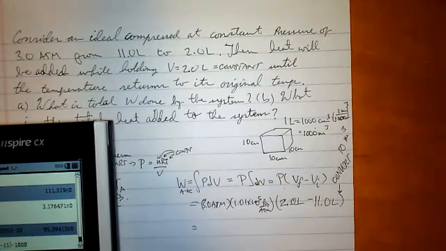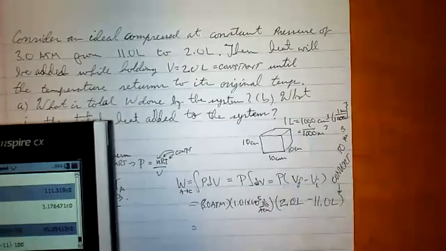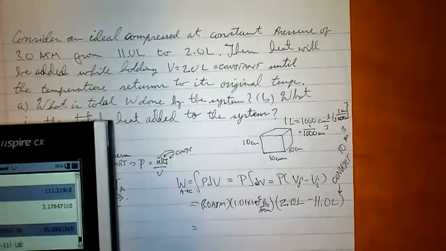Actually, excuse me, I got to divide by 1,000. I wrote it wrong, it's 1/1000. Sorry about that. So I'll say 1 e to the negative 3, and that should work.